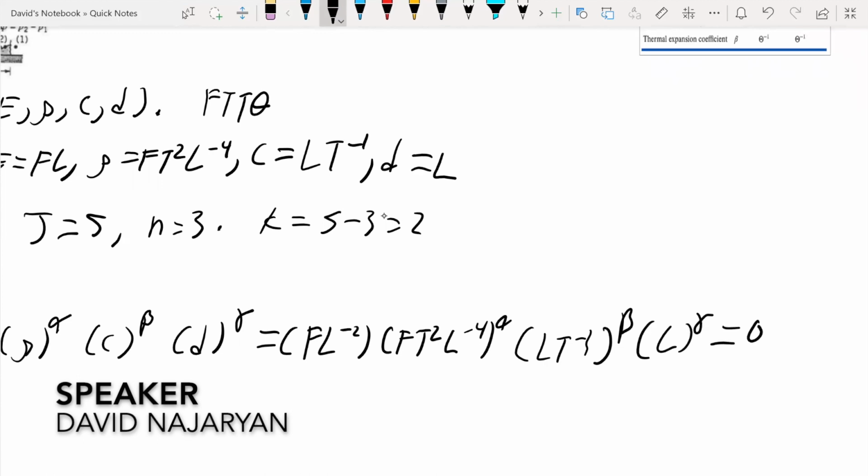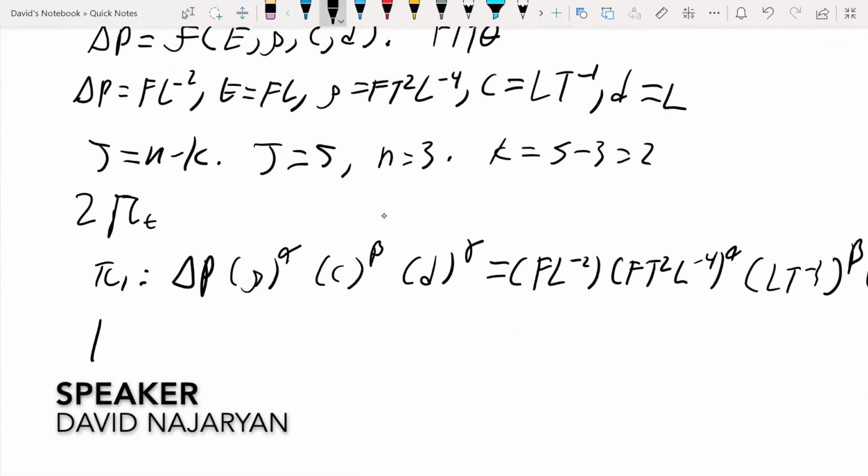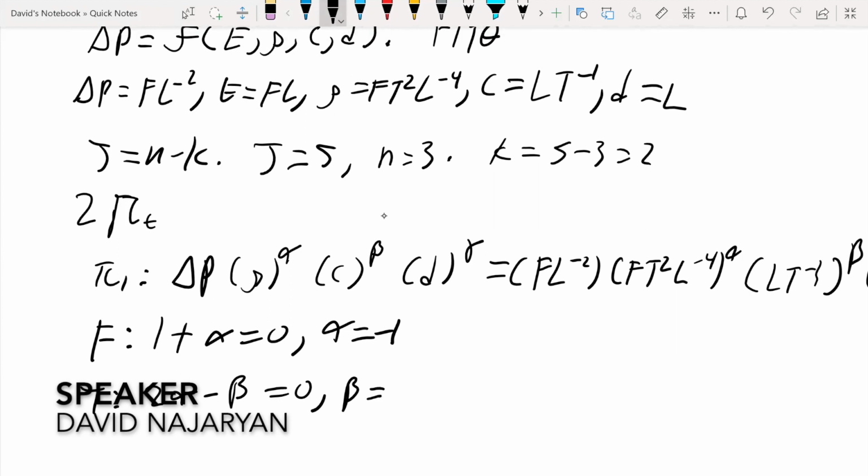And they should equal 0. For the force terms, we have 1 plus alpha equals 0, so alpha equals -1. For our time, we have 2 alpha minus beta equals 0, so beta equals -2.